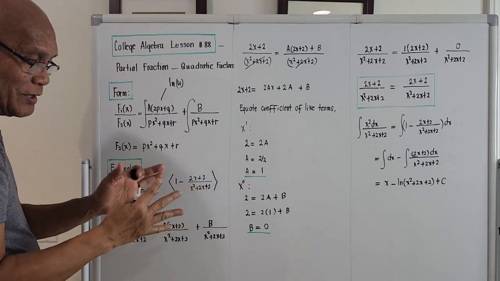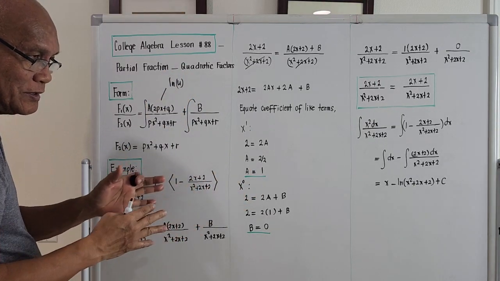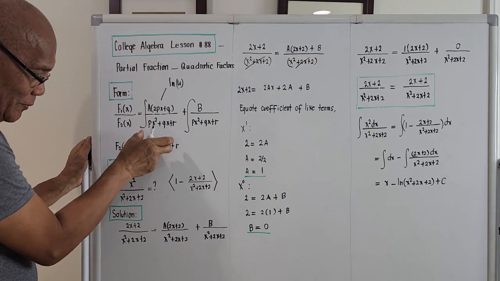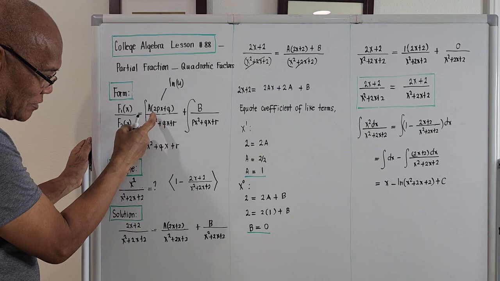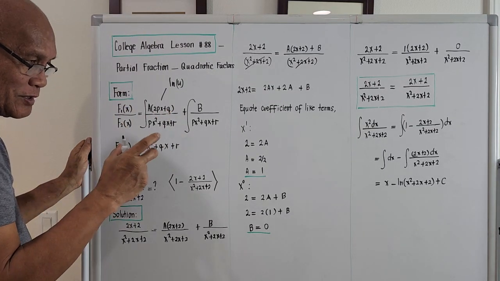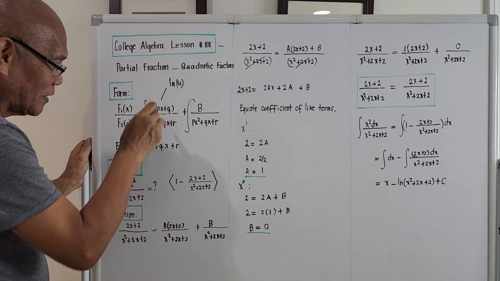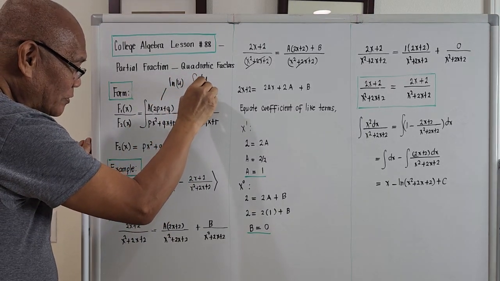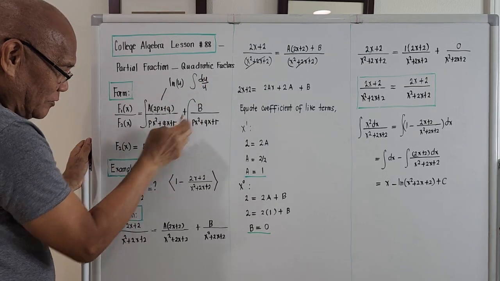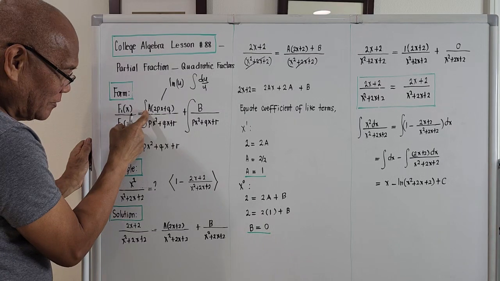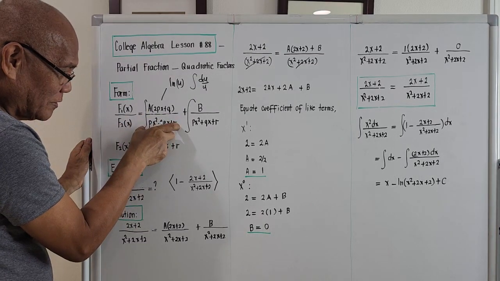We are not yet on the conversion of the quadratic factor. I'm just showing you the significance of this one, why there is a 2px plus q over here. Because we are anticipating a problem where we will be solving the integral of A du over u. This is u, this is du. So if we can find A, this is now integrable.